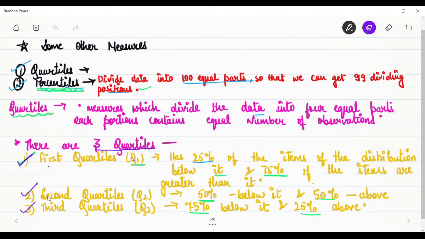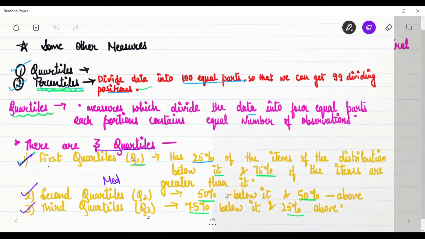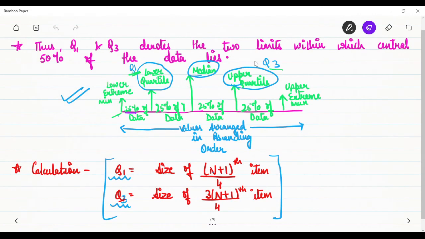Similarly, we have the second quartile, which is known as the median, having 50% of data below it and 50% above it. Third is the upper quartile, known as Q3, which has 75% below it and 25% above it. You can see in the diagram that we have Q3 over here with 75% of data below it and 25% above it, and all this data has been arranged in ascending order.